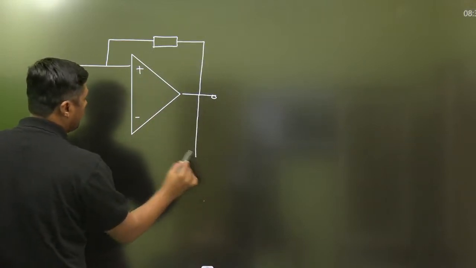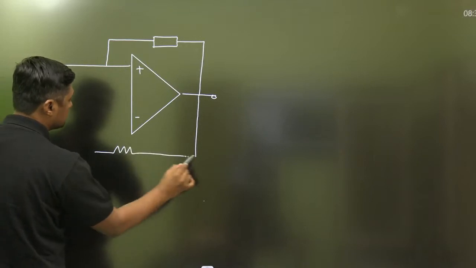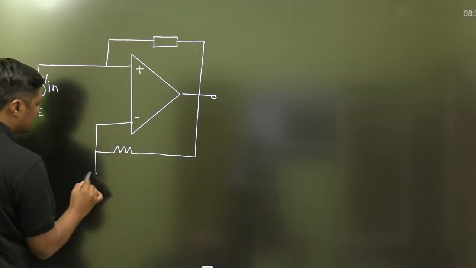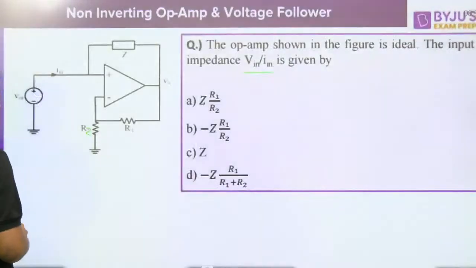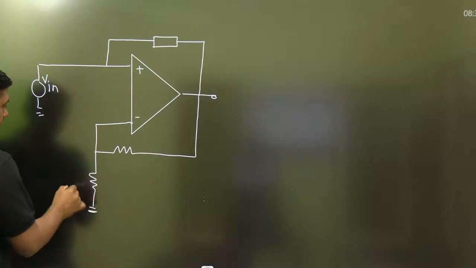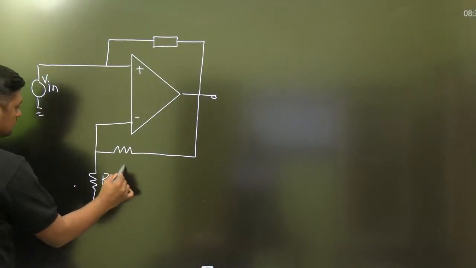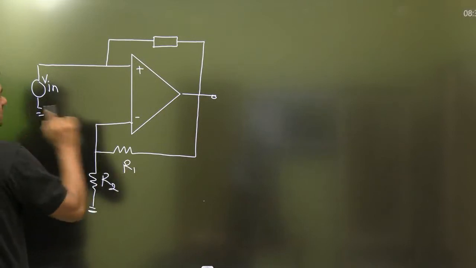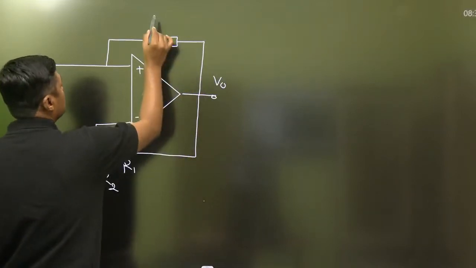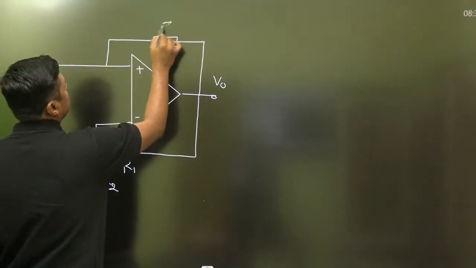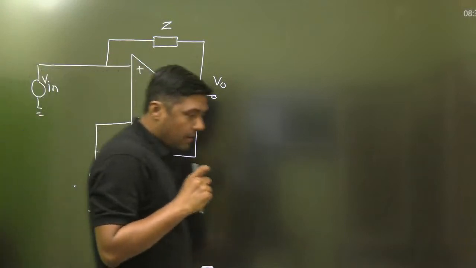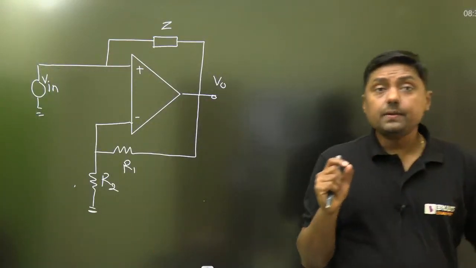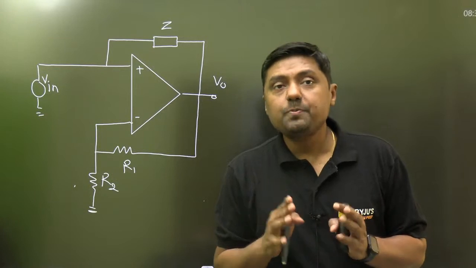This is the negative feedback, R2 and R1. This is the V0. This is any value Z. First find what Vp and Vn are.